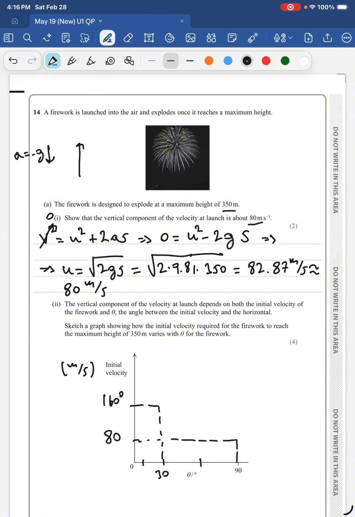And for 10, we found that we need 460, which is going to be, I don't know, maybe up there. So if we connect these points, we find a graph that looks like this. Okay, so this is what they are asking.